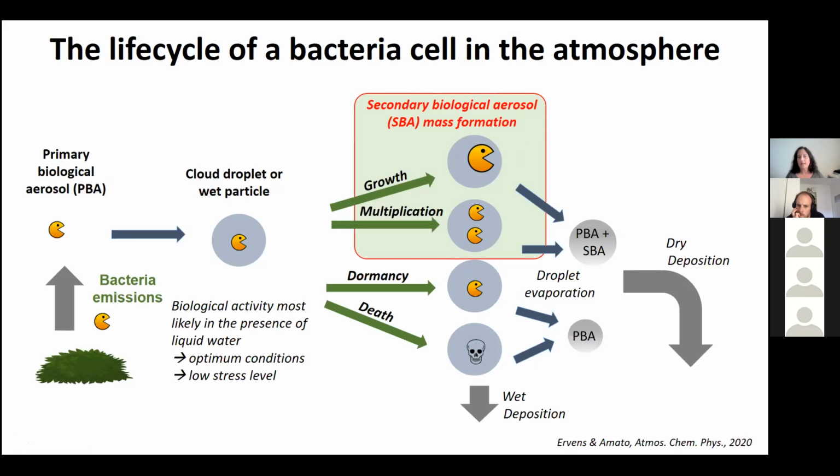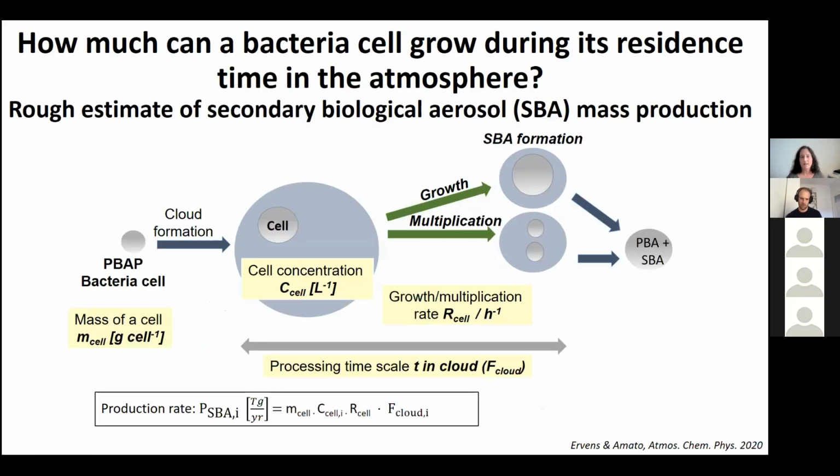To what extent can the bacteria mass increase while a bacteria cell is in the atmosphere? We termed this increase in mass secondary biological aerosol mass. We performed a very rough estimate of how much that might be, just to get an idea whether it's worthwhile to put more effort into constraining parameters.